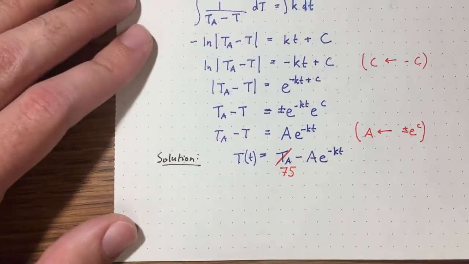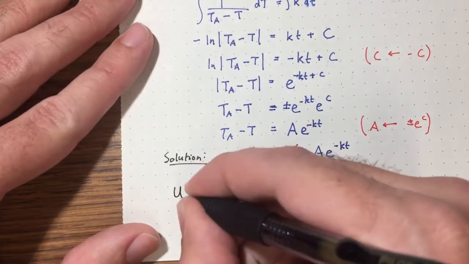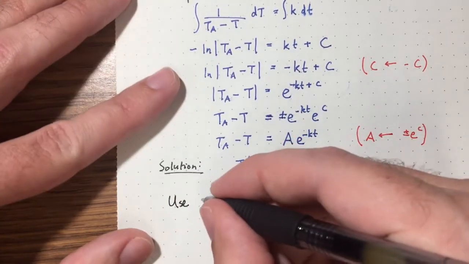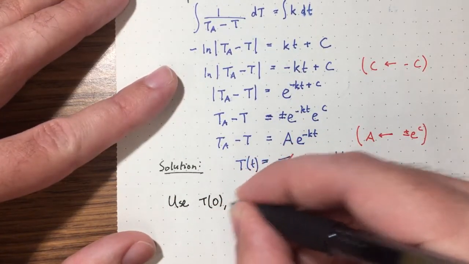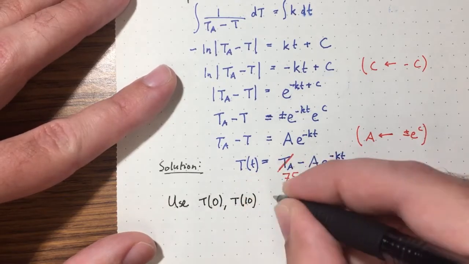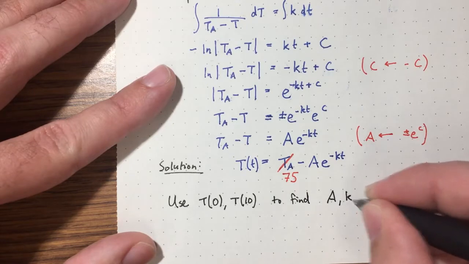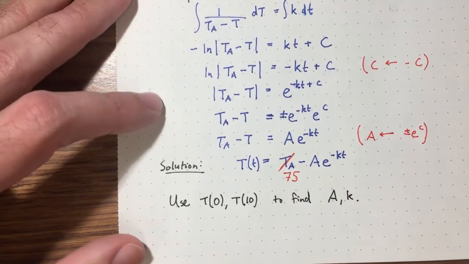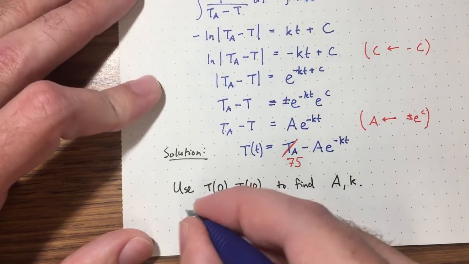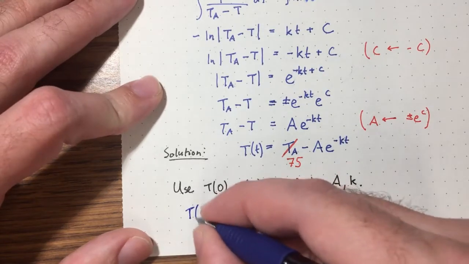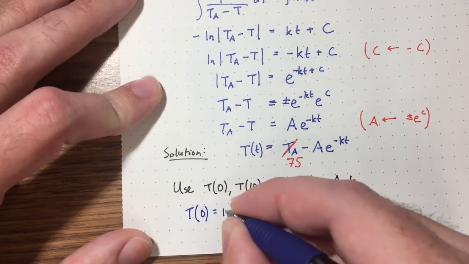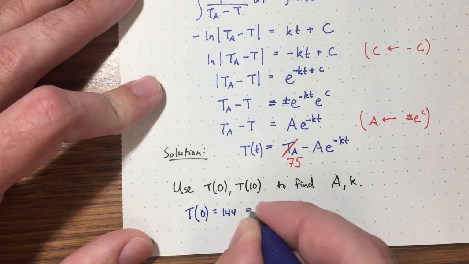So first let's use the initial conditions. I'm going to use T of 0 and T of 10, these known values, to find A and K. First of all, it's always easier to start with T of 0. So T of 0 equals 144. Well, what is that telling us?